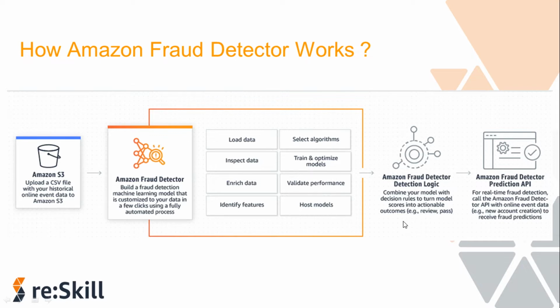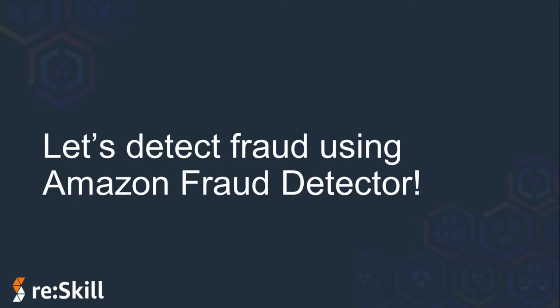Then the detector will be created with the decision rules to return the model score. And then for real-time fraud detection, you can call the Amazon Fraud Detector API that I told you about. So this was about the working. Now let's look a little more into the working, and we will detect fraud using Amazon Fraud Detector.